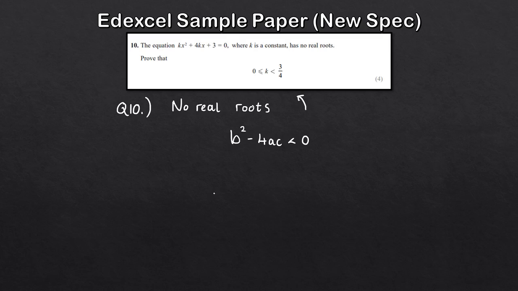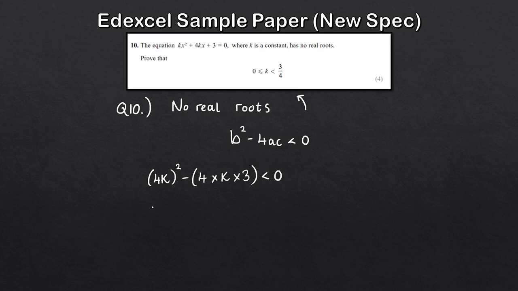Applying the discriminant to kx squared plus 4kx plus 3 equals 0, b here is 4k, so b squared is 4k all squared, minus 4ac, so minus 4 times a, which is k, times c, which is 3. This is all strictly less than 0.